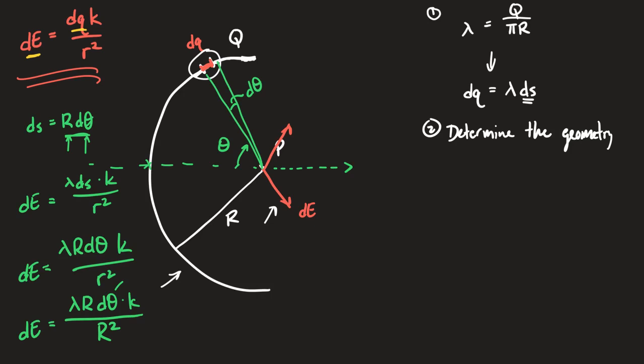So that's better. Now, step 3 is I have to deal with the directional properties of the electric field. This is where the symmetry comes in, because the electric field is actually directed this way and I want the piece of it that's directed that way. So I'm thinking I need to use some kind of trig here.